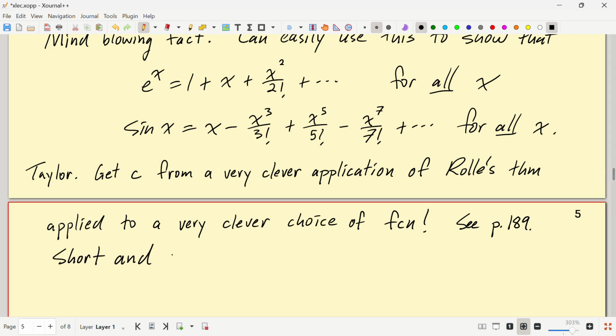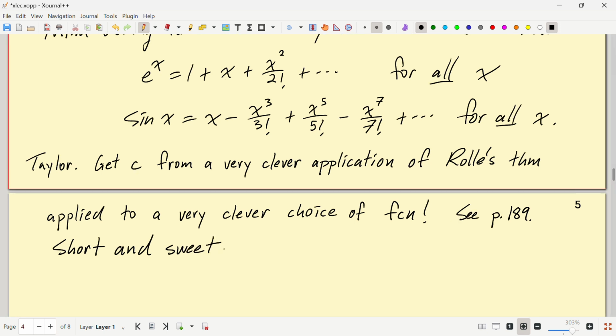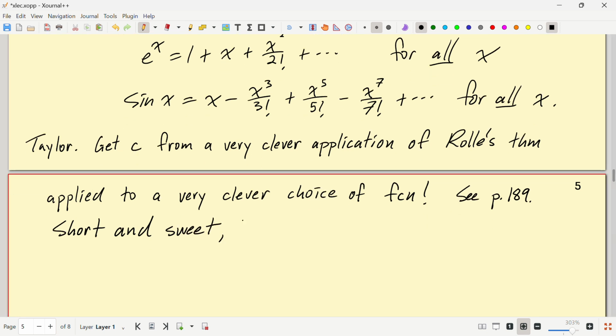So it's short and sweet, but you'd have to think about how in the heck did they come up with that function? But perhaps mysterious. It's worth reading, and it's just a matter of verifying, oh, sure enough, that Rolle's theorem function vanishes at the left and vanishes at the right, and sure enough, at the max it has a derivative that's 0, and that's where you get the remainder term in the Taylor's formula.